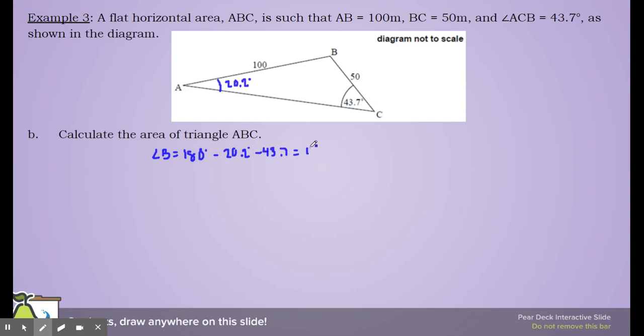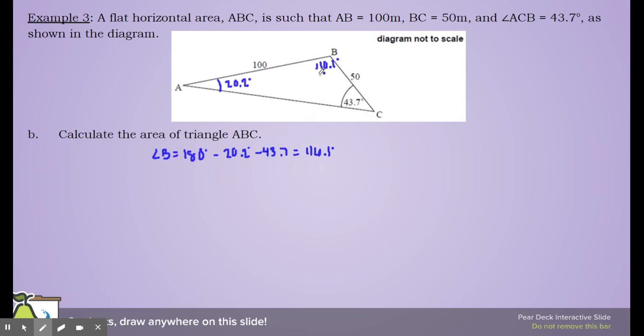And I get 116.1 degrees. I'm suggesting to go that route only because those are the two sides they already gave you, and finding angle B is going to be easier than finding side b.